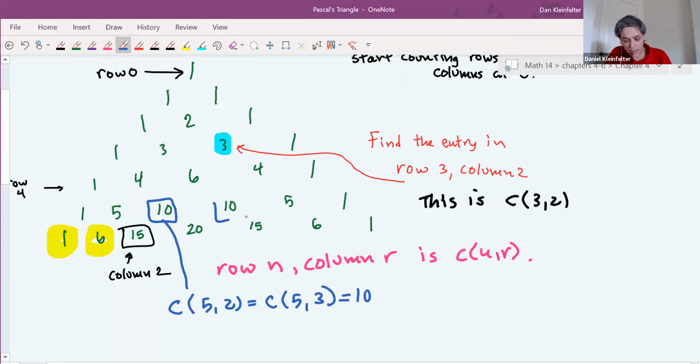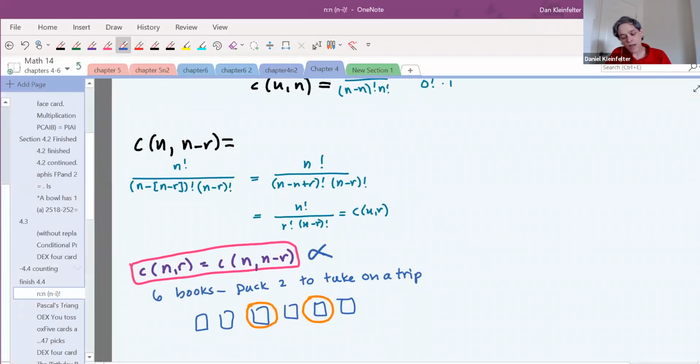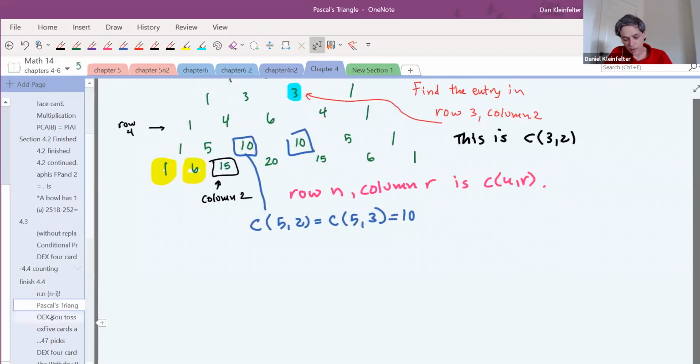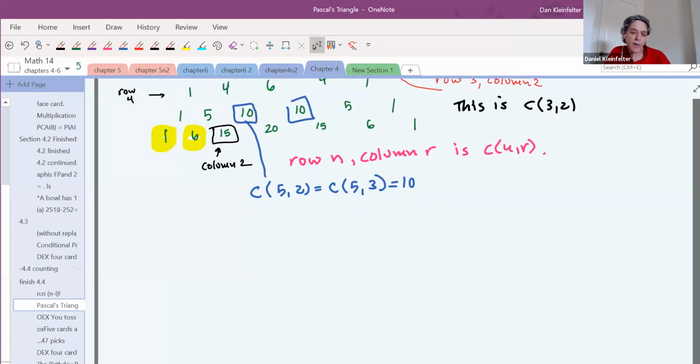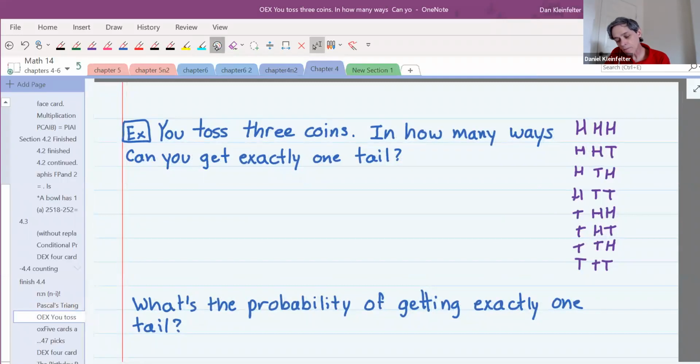And that basically goes back to this fact that we just showed a couple of minutes ago about how if you're selecting R items, that's the same as saying the number of ways of selecting the other items, right? And so that's why you end up with this symmetry. C(N,R) is the same as C(N,N minus R), the rest of it. Okay, so that's enough basically about Pascal's triangle. The rest of the video here, we just kind of want to work through some additional examples of different counting type topics. Okay, so let's continue.